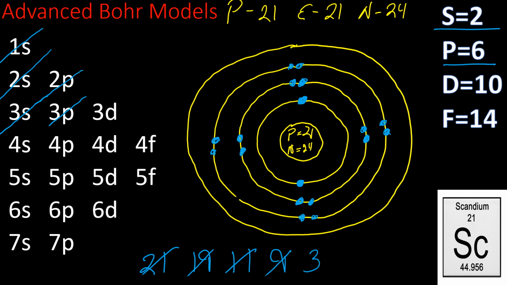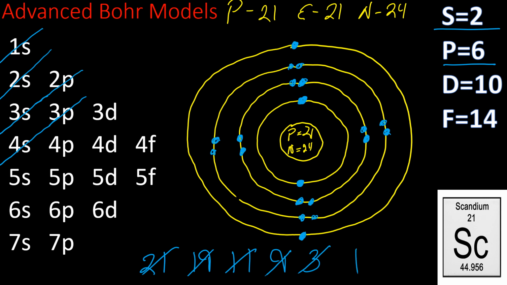I have 3 left. Now I'm going to 4s. That's 2 more, but this time in the fourth shell. 1. I'm going to put it at the bottom. 2. And I have 1 electron left.